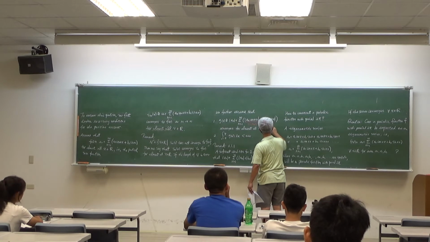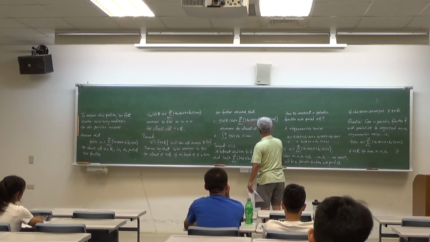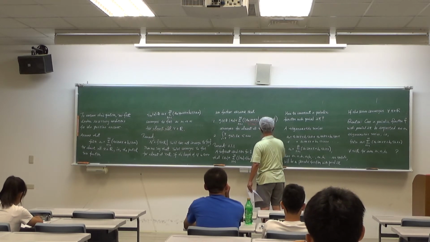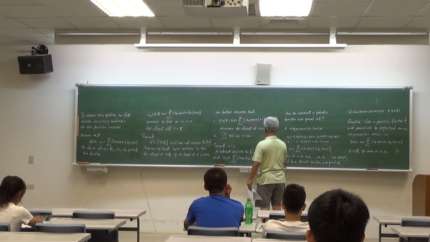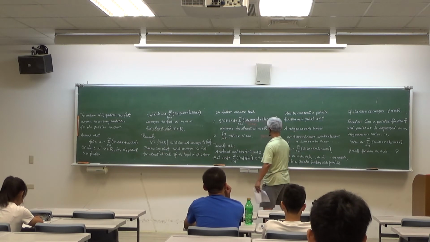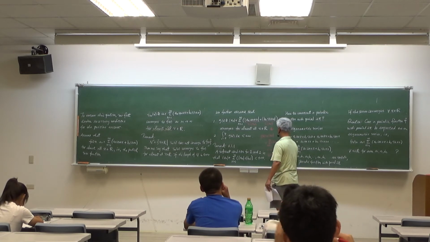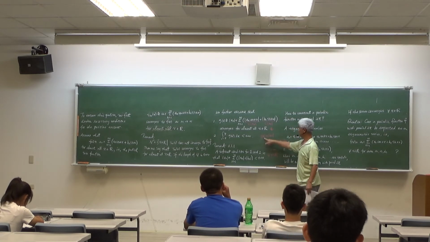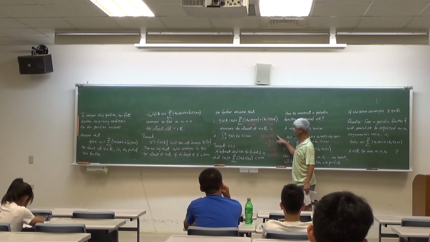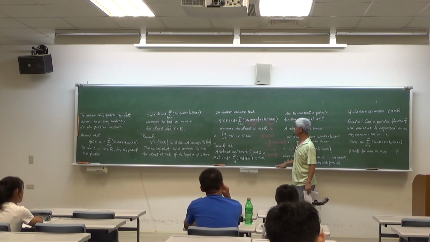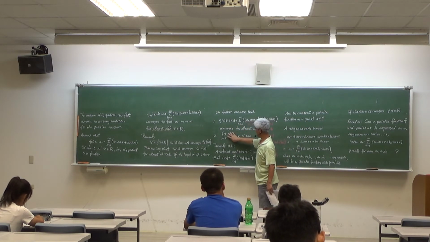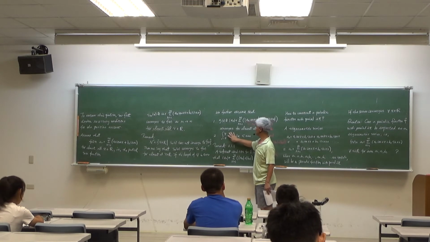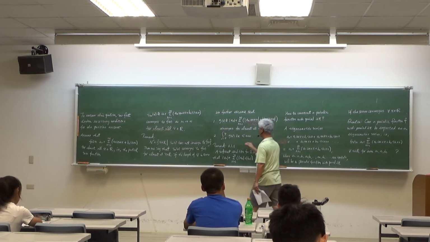Actually this implies that g of x is less than or equal to a0 plus the summation, for all x. So g of x is upper bounded by this quantity, and it's finite.